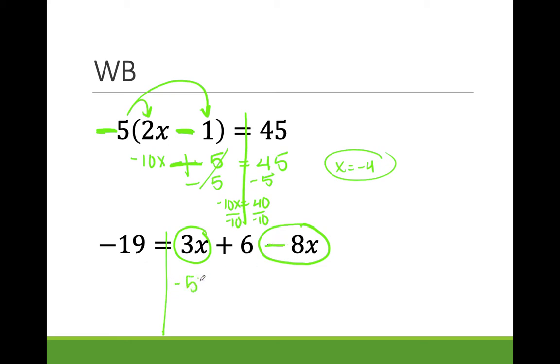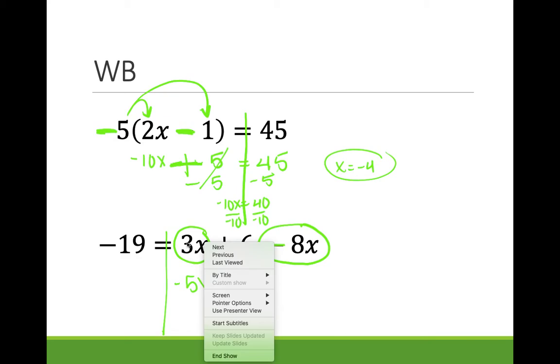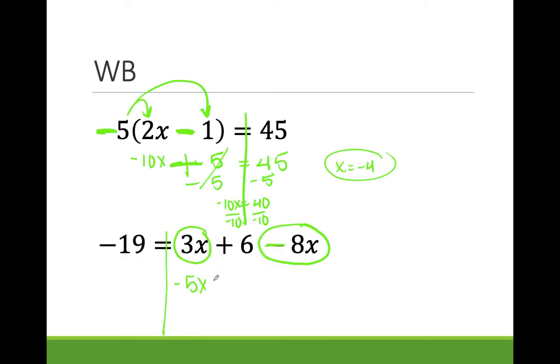That's a -5x plus 6 equals -19. We subtract 6 from both sides. That's -25 equals -5x. We're dividing both sides by -5, so we get 5 equals x.